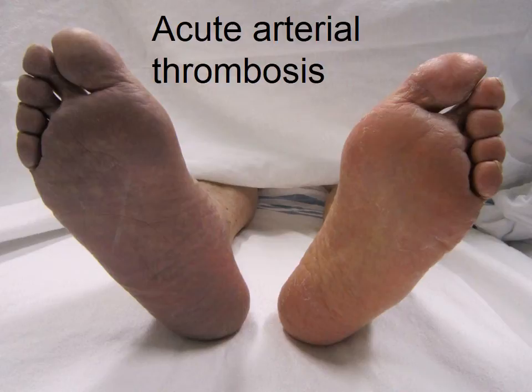And of course, we'd also assess this limb for the other clinical features of an acutely ischemic limb. And this is sometimes described as the 6 Ps. So we would check for pain. On the rest of the leg there can be pallor, a white colour, but then it can often go mottled.